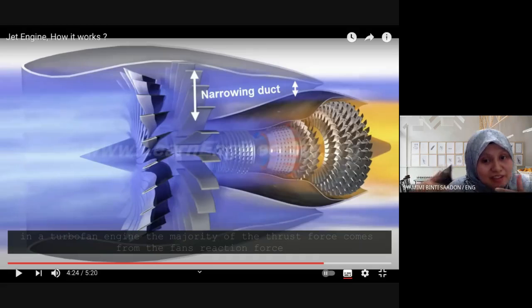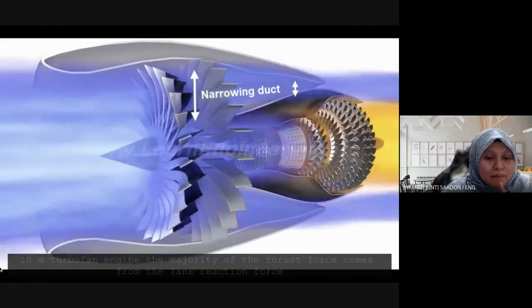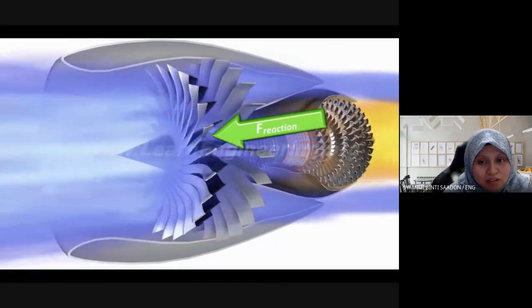We will see in the first chapter introduction next week, inshallah, what is the function of this bypass air, the extra air, okay? Force comes from the fan's reaction force.